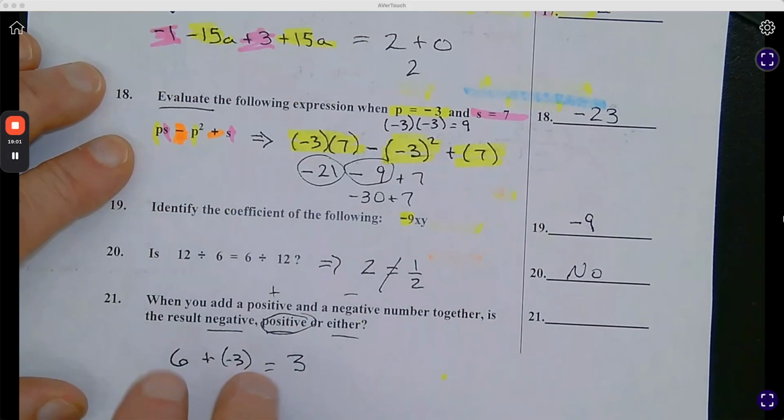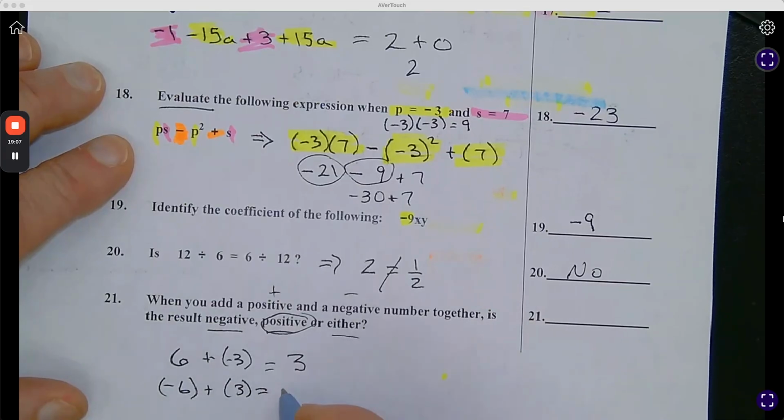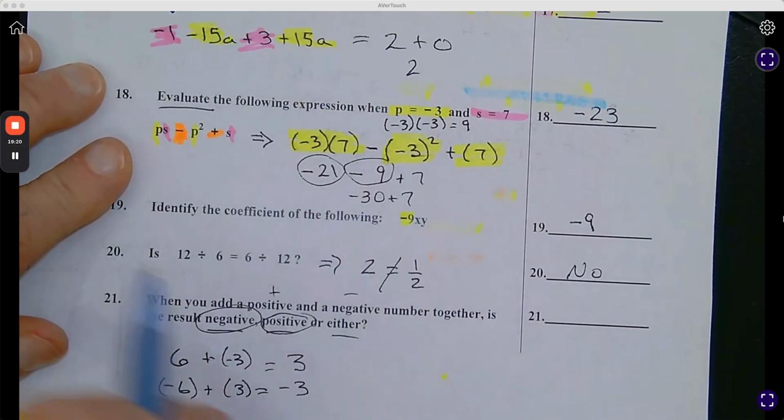But what if I change that? What if I did negative 6 plus 3? Well, now my answer is negative. So I could get a result that's positive or negative when I add a positive and negative together. So that means it could be either, depending on which one has the largest quantity.